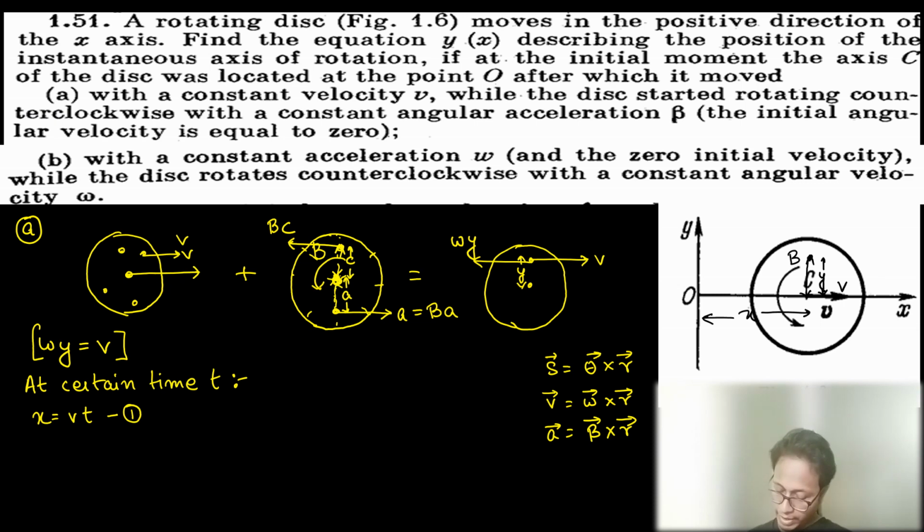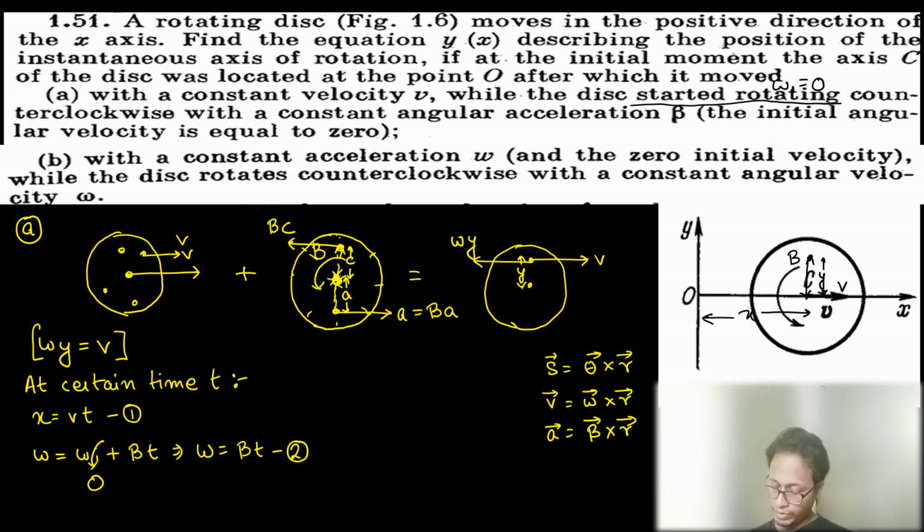Angular velocity would be given by omega is equal to omega initial plus beta into t. And what is the initial angular velocity? 0. How do I know that? While the disk started rotating, the initial velocity is equal to 0. Omega initial is equal to 0. So here angular velocity is equal to beta into t. This is our equation number 2.